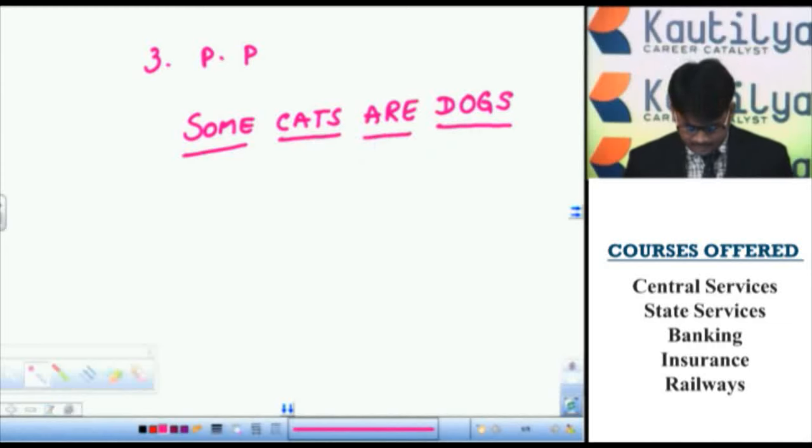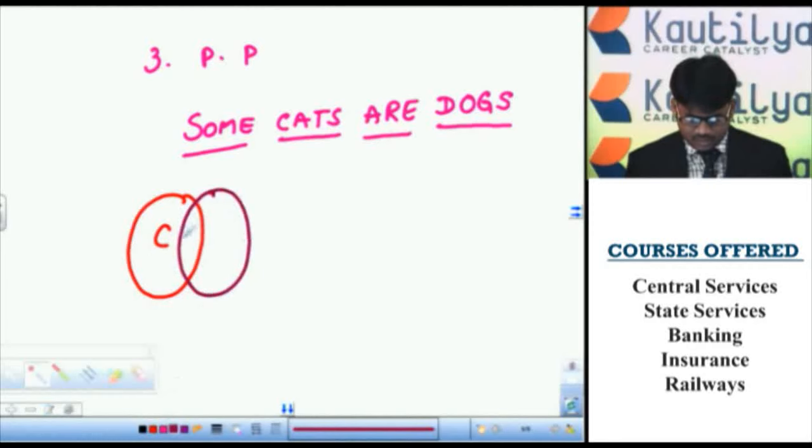Here, the Venn diagram for the given statement: we take the cats. Some of the cats belong to dogs.